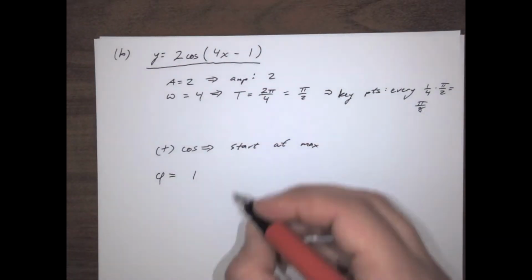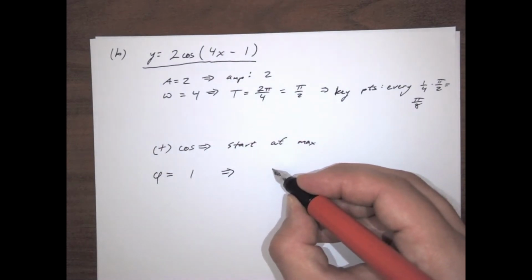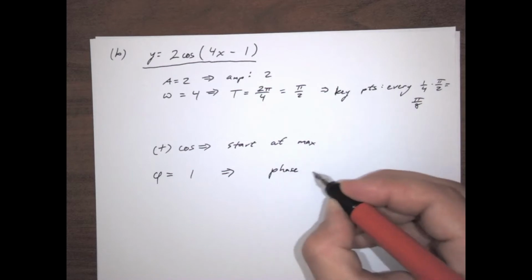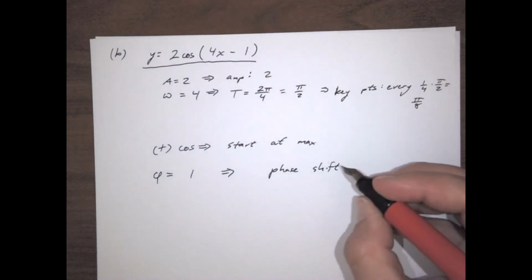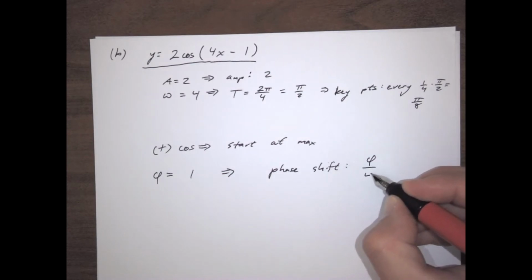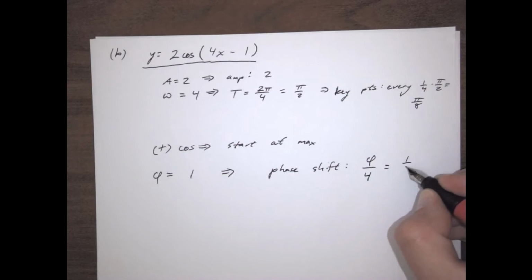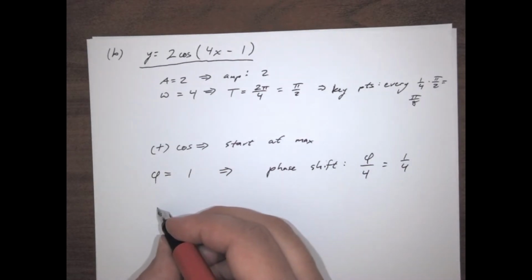It's in the right format already, which implies that the phase shift is phi divided by omega. So that's 1/4. Okay, so what that means is that we shift the whole graph to the right by 1/4.